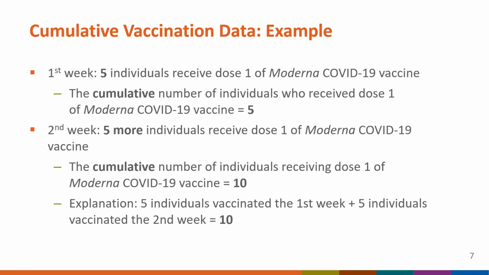In the second week, 5 more individuals received dose 1 of the Moderna COVID-19 vaccine. So for the second week of data reporting, the cumulative number of individuals receiving dose 1 of the Moderna vaccine is 10. To arrive at 10, you would add the 5 individuals receiving COVID-19 vaccination from the first week to the 5 individuals receiving COVID-19 vaccination during the second week.